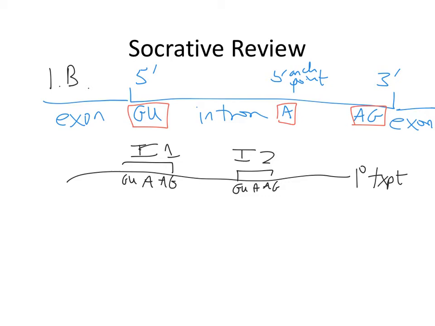The introns have been taken out. Or have they? Somebody argue with me. Come on. Well, not all of them could have been taken out. So, splicing, not every intron gets taken out. So what could you argue?